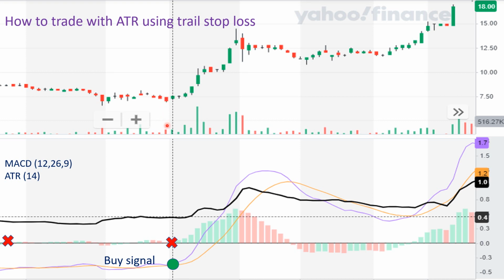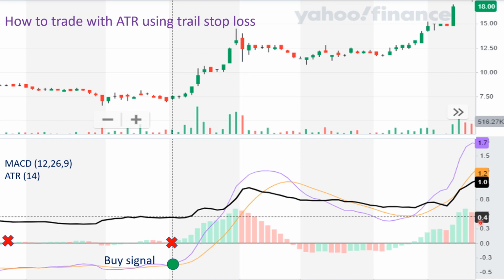And then the ATR value for this candle is 40 cents. It means that the price on average fluctuates, going up and down, 40 cents.